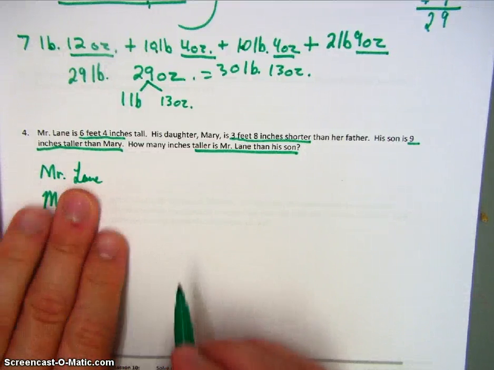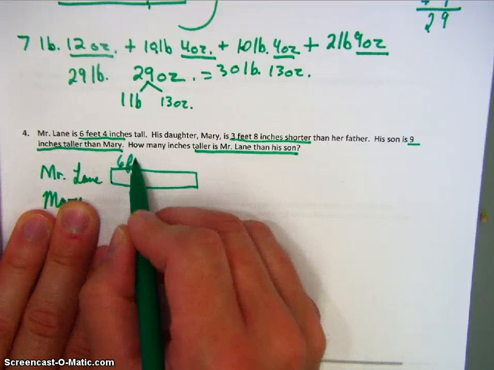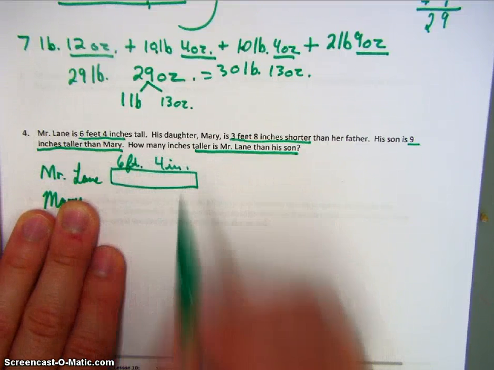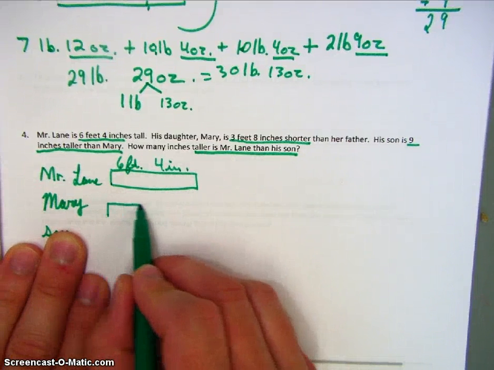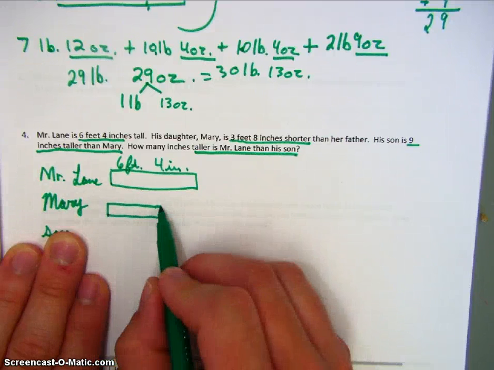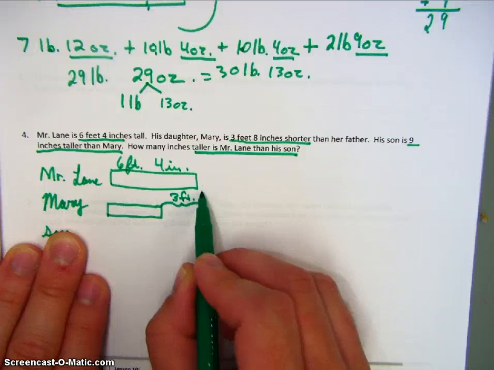So going back into the problem, we see that Mr. Lane is 6 feet 4 inches. Now Mary is a little bit shorter. So we know this section right here is 3 feet 8 inches.